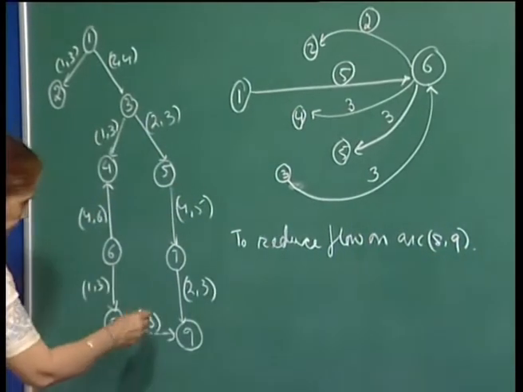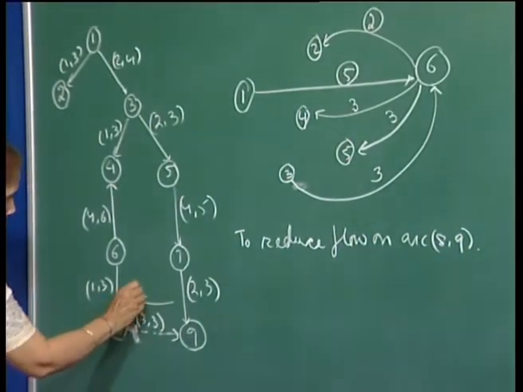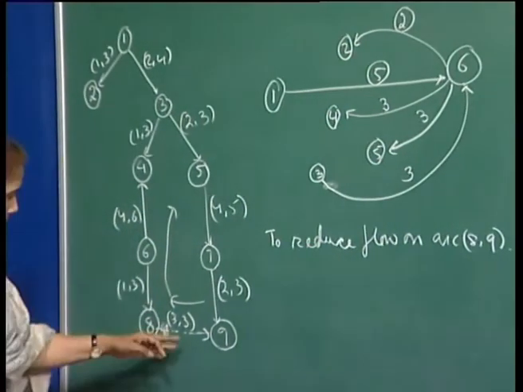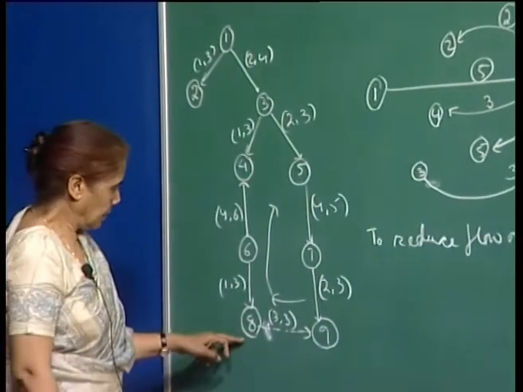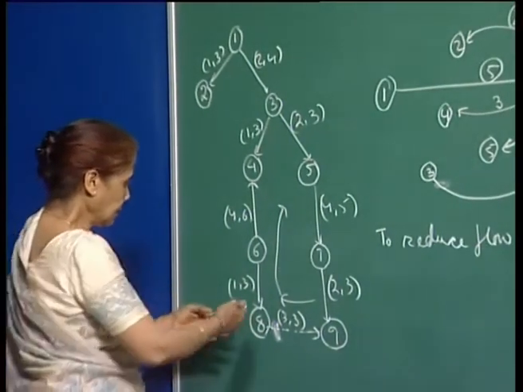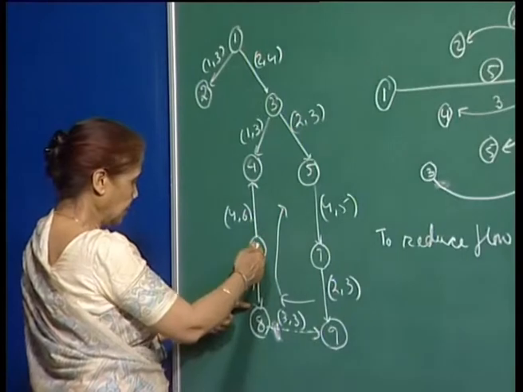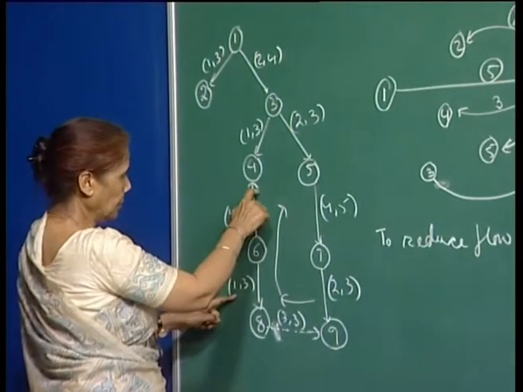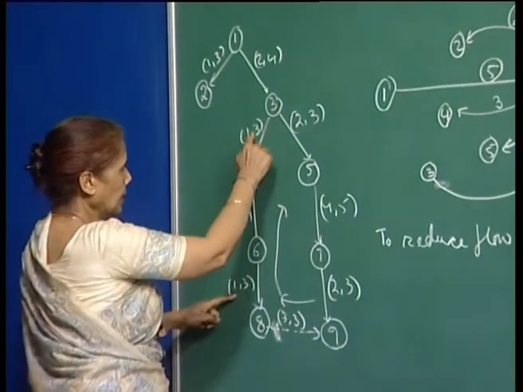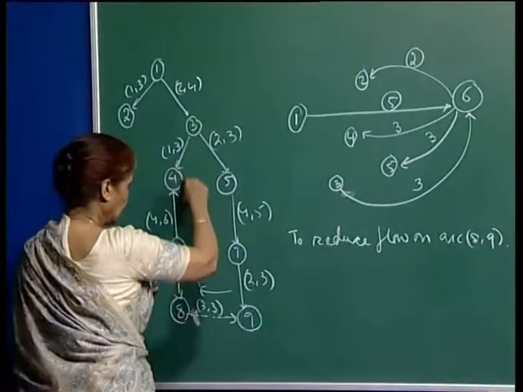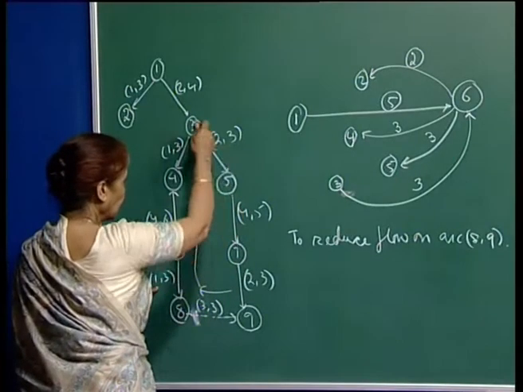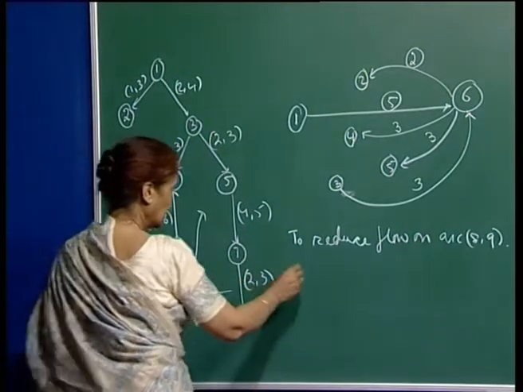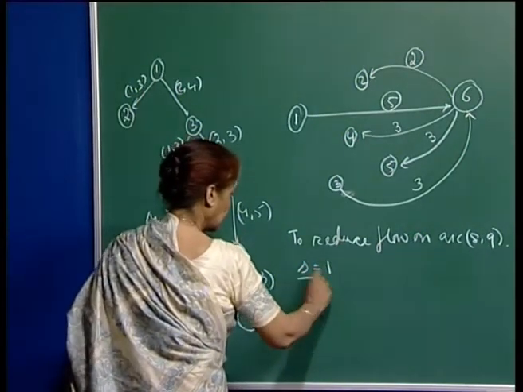So, that means the orientation of the cycle is going to be this, right. This is the orientation of the cycle, because I have to reduce the flow. And you can see that, for example, here the flow can get reduced by 1 unit, right. Here the flow can go up by 2 units, then here again the flow can decrease by 1 unit. The orientation is like this. Here the flow can increase by 1 unit, by 1 unit, and by 1 unit, right. So, essentially your delta comes out to be 1.